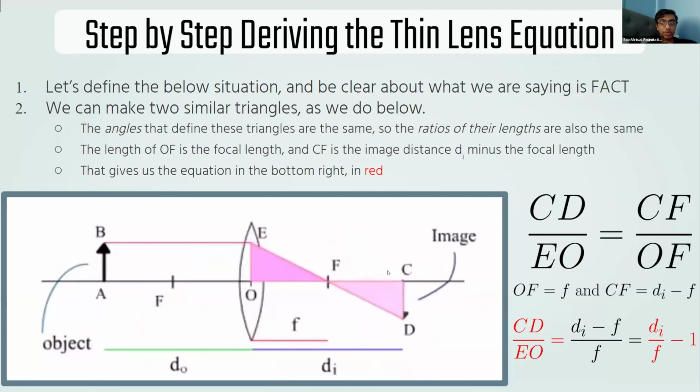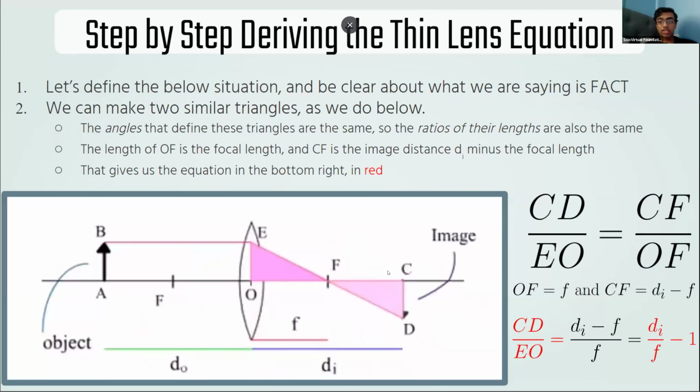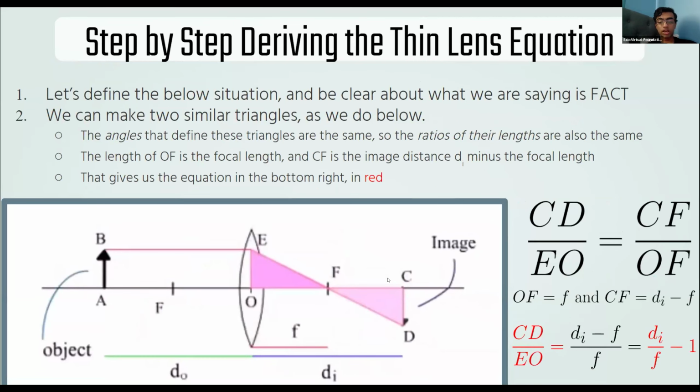The first thing we do is take that top ray and look at the similar triangles that it forms with this middle axis. We call that the optical axis, by the way. This middle line that goes through the center of the lens is our optical axis. So we form a ray from that pink line with our optical axis to get two similar triangles.